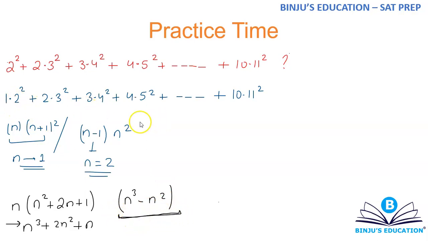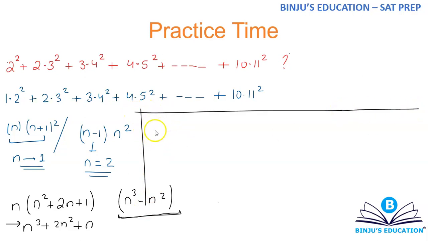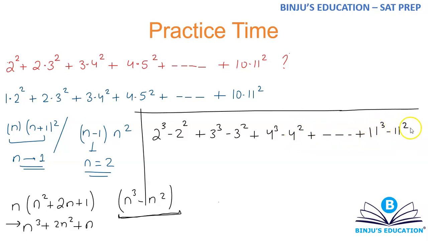These expressions can be rewritten as 2 cube minus 2 square plus 3 cube minus 3 square plus 4 cube minus 4 square and so forth up to 11 cube minus 11 square.